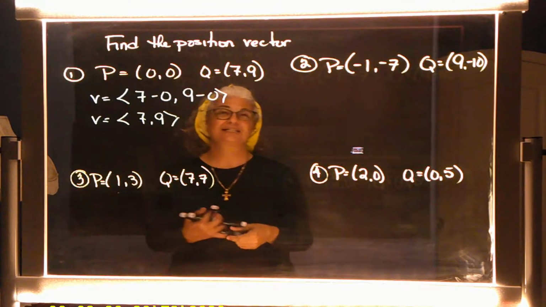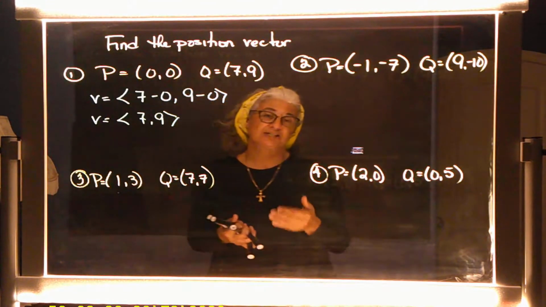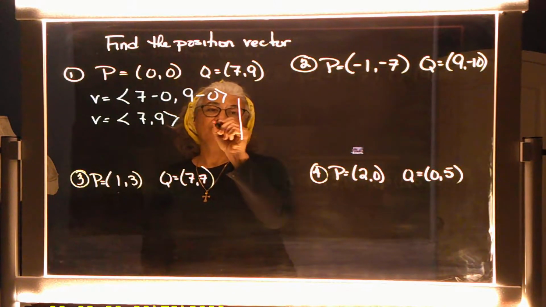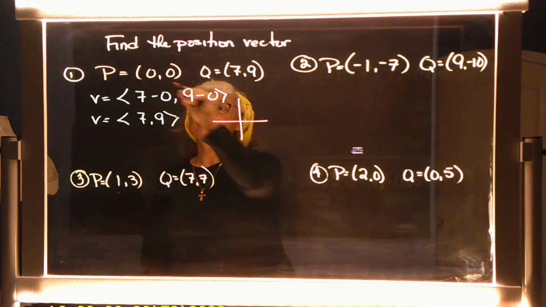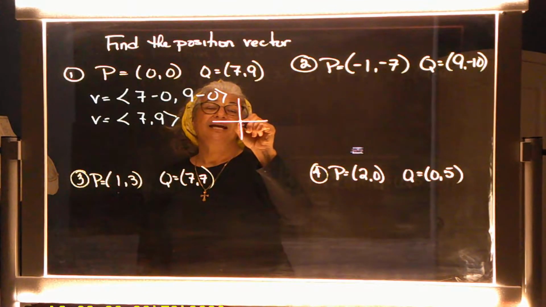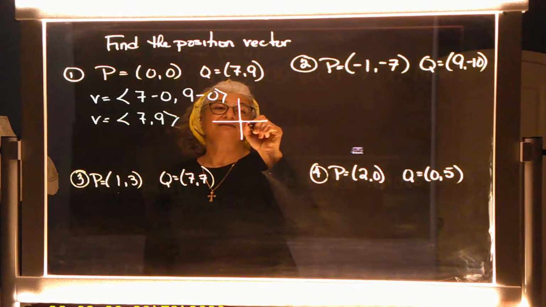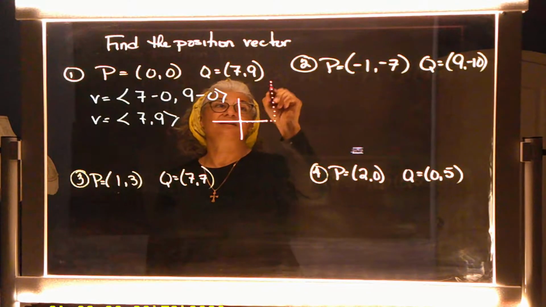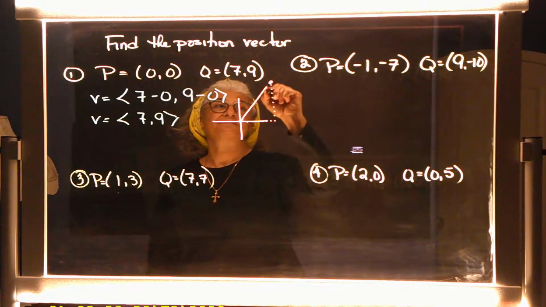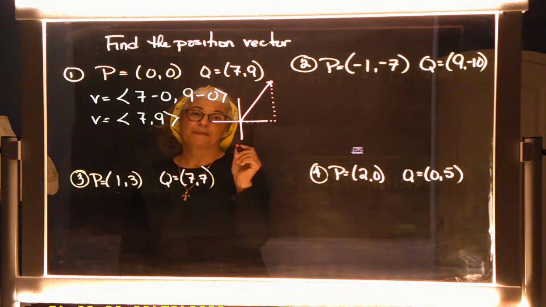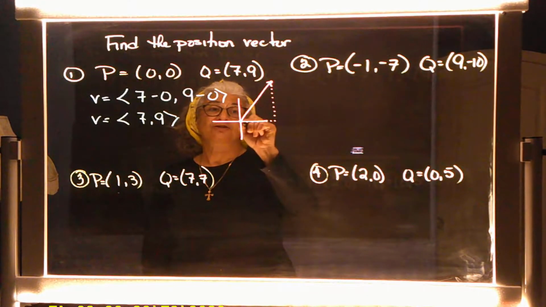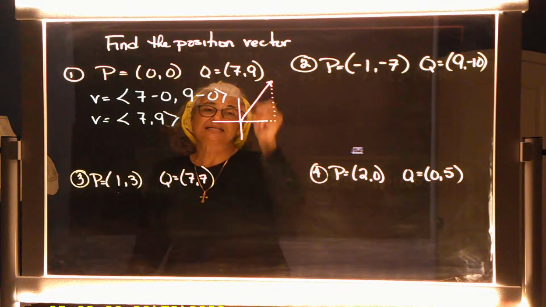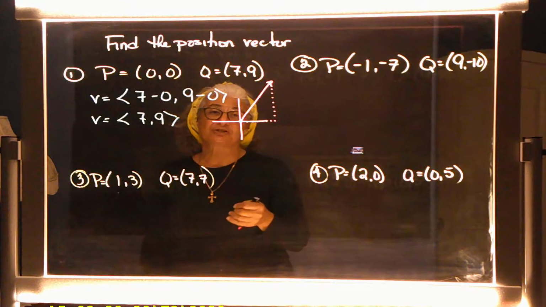So interestingly enough, on number 1, P is the initial point, which meant that when I graph this, it was already starting at the origin, and I would go to the point 7, 9. So this would have been the position vector, starting at the origin and ending at the point 7, 9, which is what this one already did. So we already had the position vector.